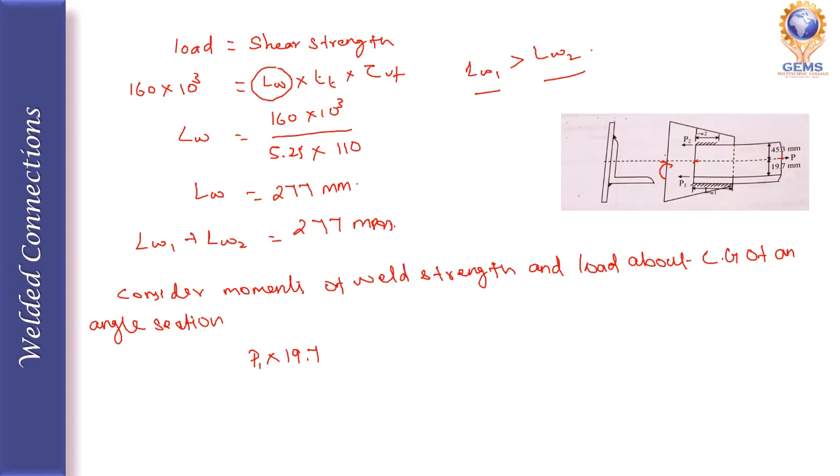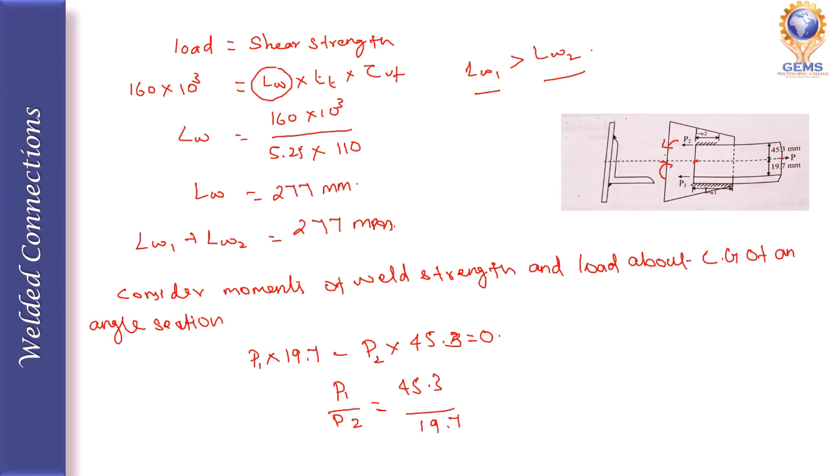P2 is anticlockwise, so minus P2 into 45.3, equal to 0. So equating, P1 by P2 is equal to 45.3 divided by 19.7.